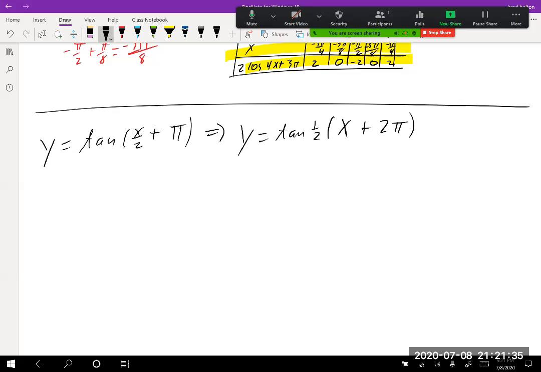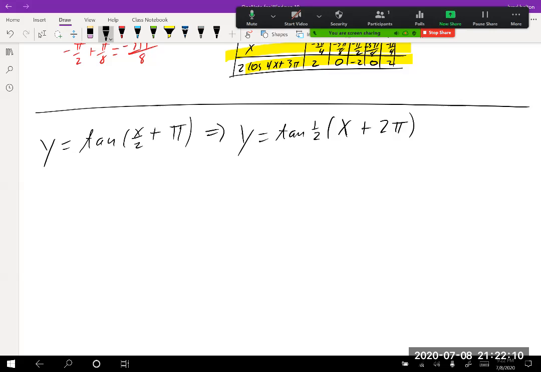They don't normally do phase shifts with tangent as much, but it does still work the same. The reason it is kind of weird is because you're shifting around the x-intercepts and you're shifting around the asymptotes.